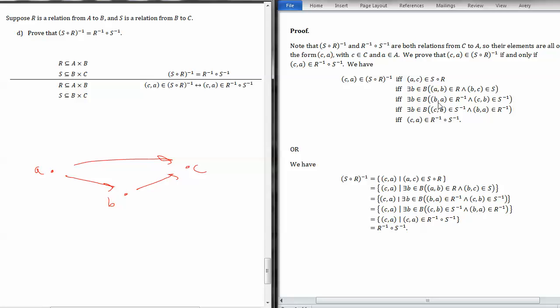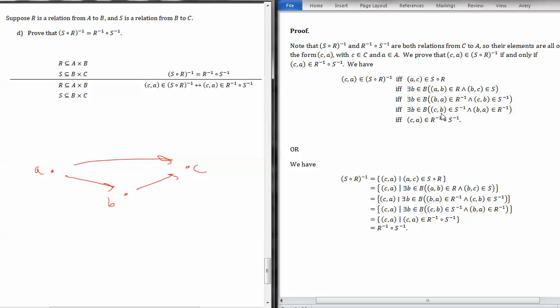And then, well, the problem here is that when I did this definition, the two middle coordinates were B. Well, the two middle ones are not the same anymore. But if I just use commutativity with the and symbol here and switch the order of these two statements, then the B is in the middle again.